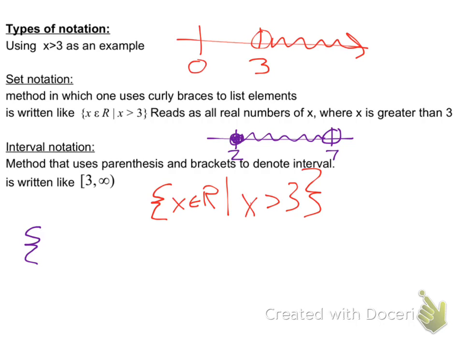Starting with the squiggly bracket, right? X is within the real numbers, such that, how would I write this one? How would you write this one? 2 is less than or equal to x, which is less than 7. That's a really bad bracket, but end the bracket.